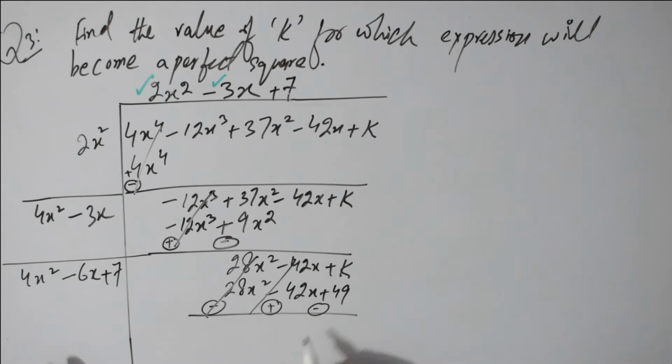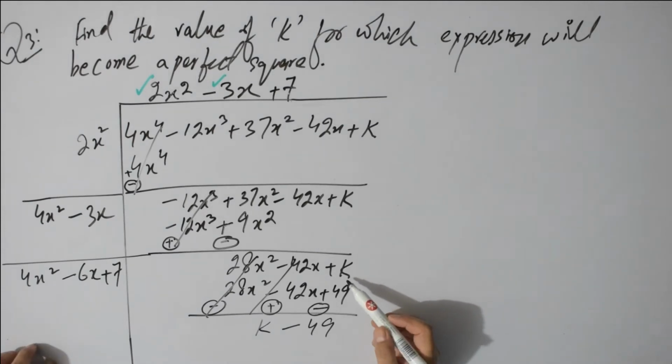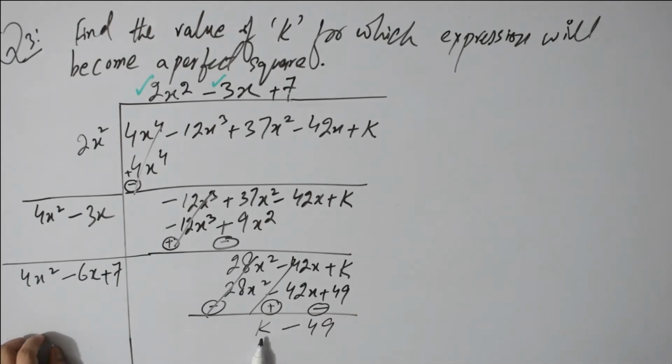So this cancels, and what is left? k minus 49, new sign. Okay, k is a variable which is unknown, and you cannot subtract or add an unknown from this constant. So you will write this term as first k, and then come downward, that is minus 49.